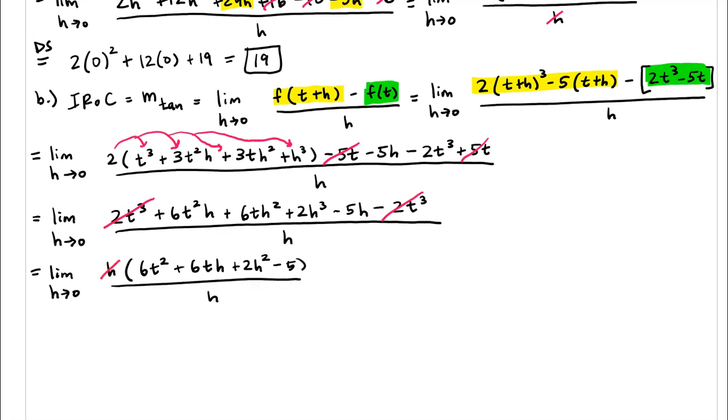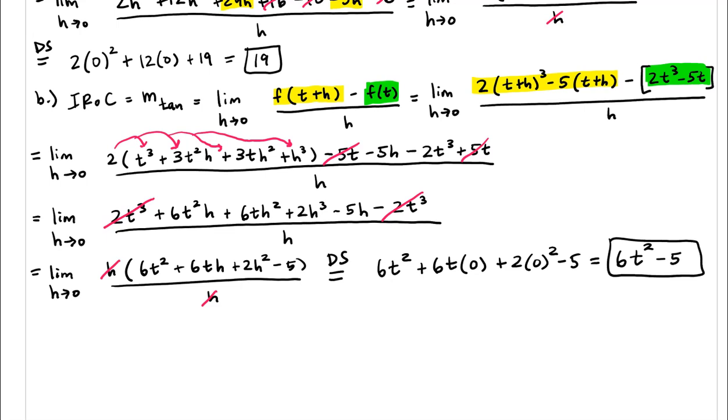And now these h's will divide out, and I can use direct substitution. Let's see. So I'd have 6t squared plus 6t times 0 plus 2 times 0 squared minus 5. And if we simplify that, that should simplify to 6t squared minus 5.